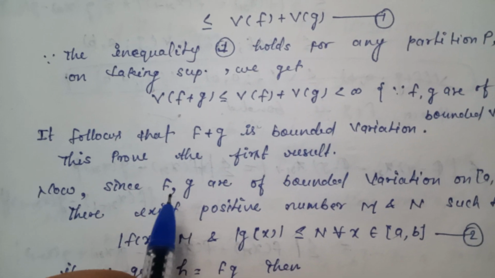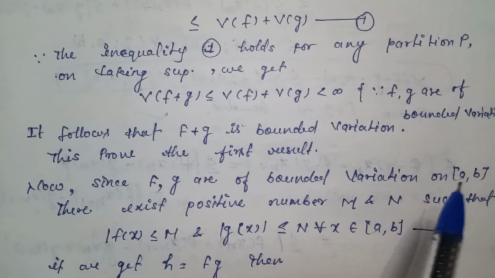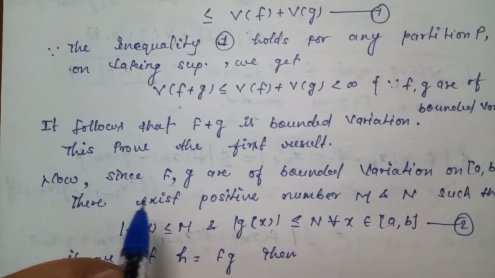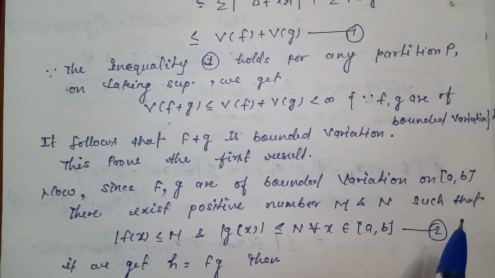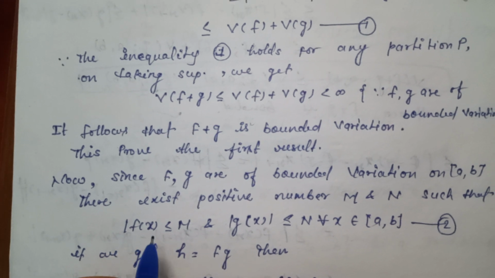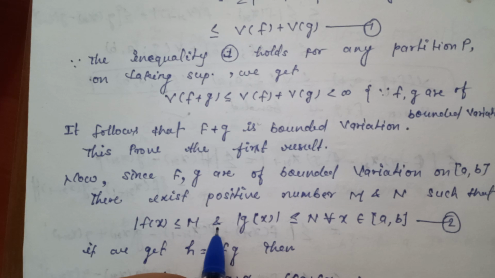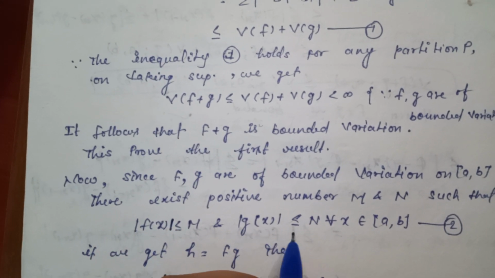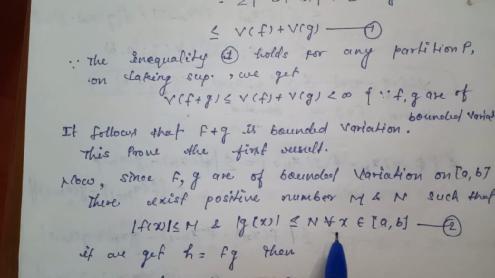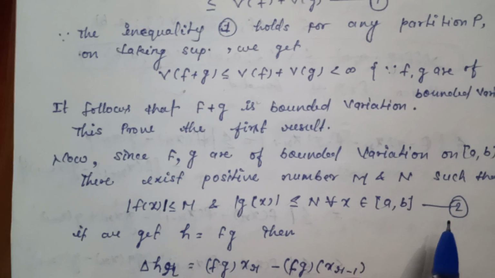Now since f, g are of bounded variation on closed interval [a, b], there exist positive numbers capital M and capital N such that mod f(x) is less than or equal to M and mod g(x) is less than or equal to N for all x belonging to [a, b], which is equation number 2.